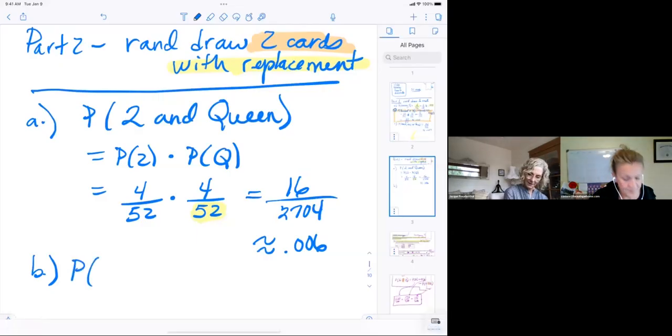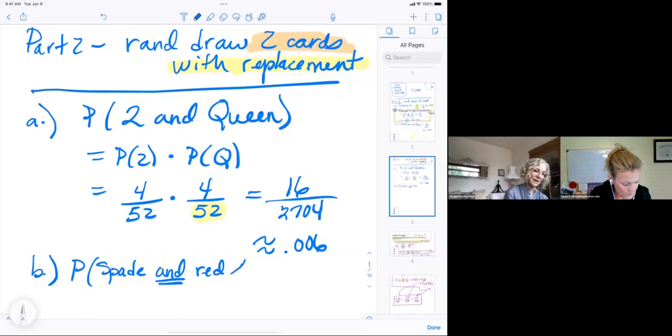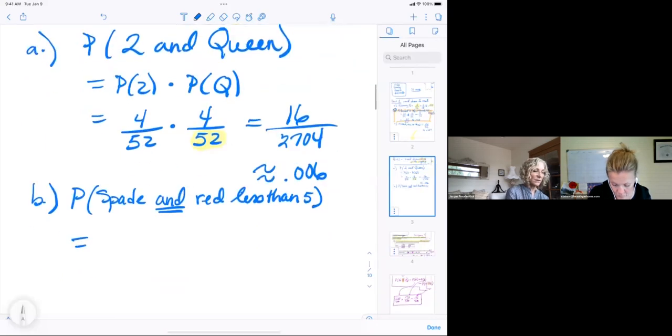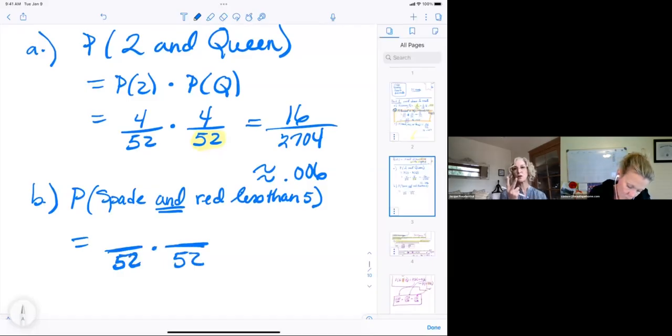So probability of drawing a spade and a red card that's less than 5. So I know this is with replacement and I'm drawing twice. So 52 is my denominator. I'm multiplying because I'm drawing 2 cards.